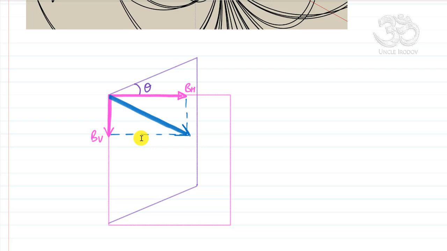This is the net field which is there at that place, and this is how it will look in the magnetic meridian. So maybe I'll call it B net.